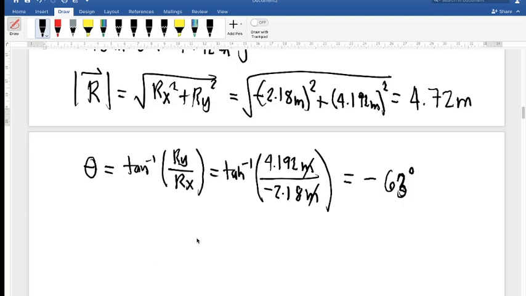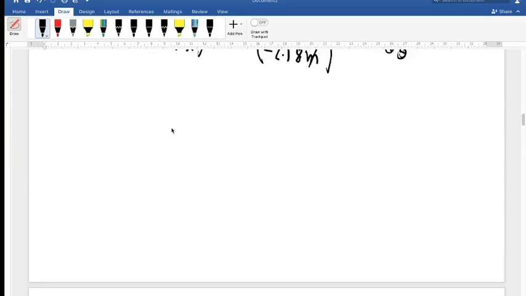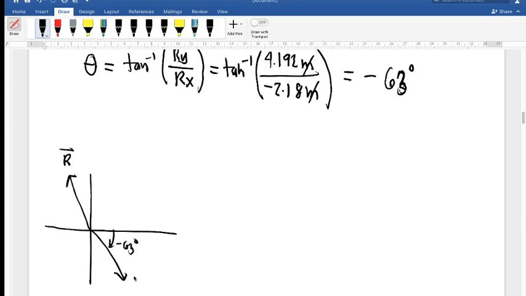You anticipated that your R should be in quadrant 2, so why negative 63? We have to draw. Your anticipated resultant must be in quadrant 2, so this should be your resultant. Negative 63 is approximately here, which is not a good representation.